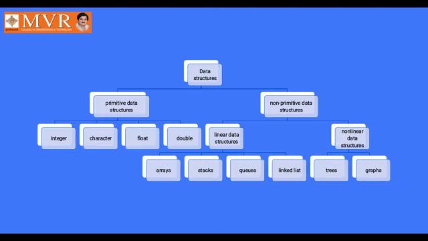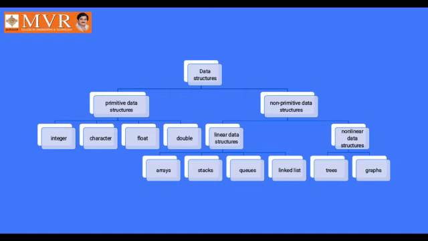Now consider this classification. This is the classification of the data structures. Until now we have finished all this clearly. If anything is pending, I will be explaining it later in my next videos.